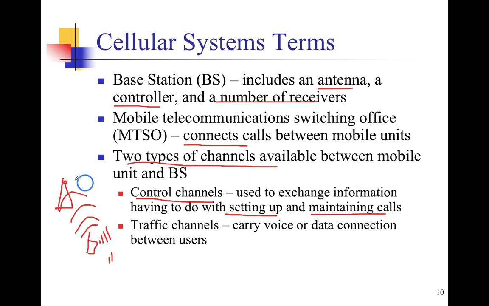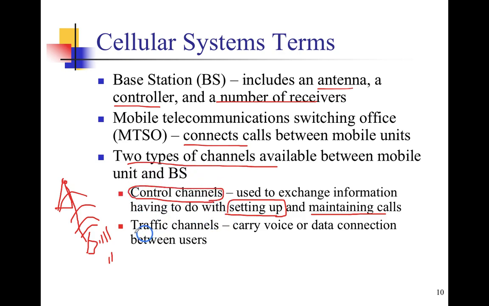If it is available, then I will try to establish communication to the base station, and the base station will check my billing, whether you have an allocation for calling, or credit, in order to establish communication to the other party. If not, they will not allow the connection. But if you have the credit, then they will set it up. So setting up is what we call the control channel.